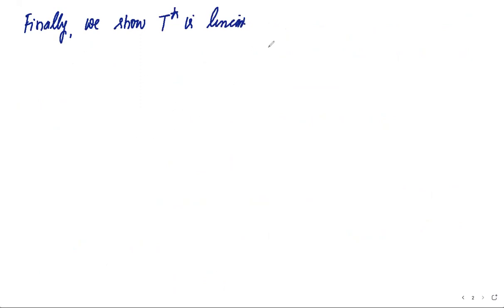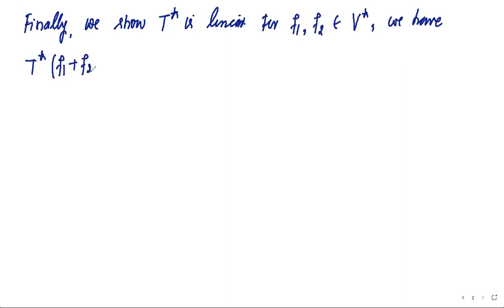And for this, what we have for f1, f2 belonging to V star, we have this T star of f1 plus f2 of v. Now this is by definition equal to f1 plus f2 of T of v.